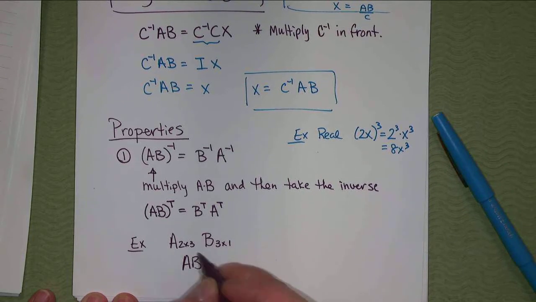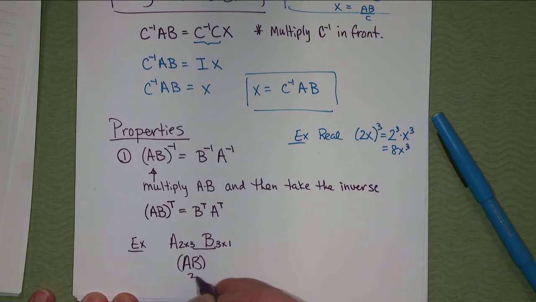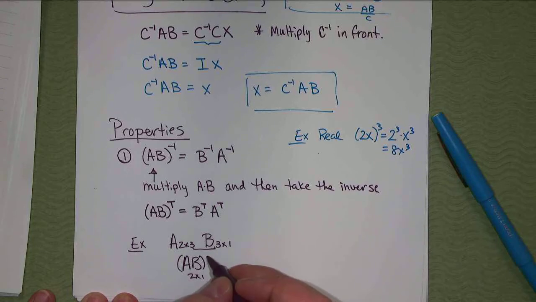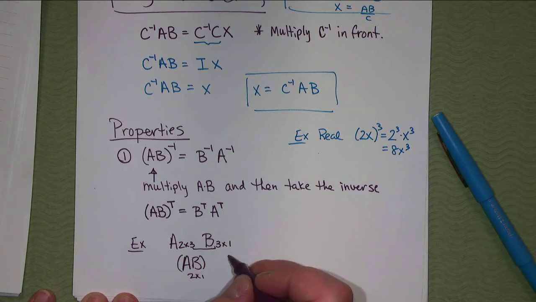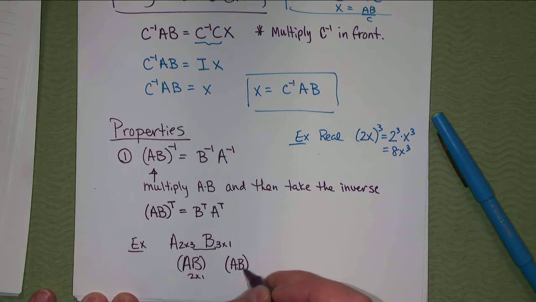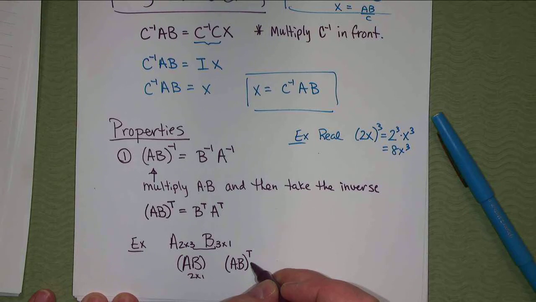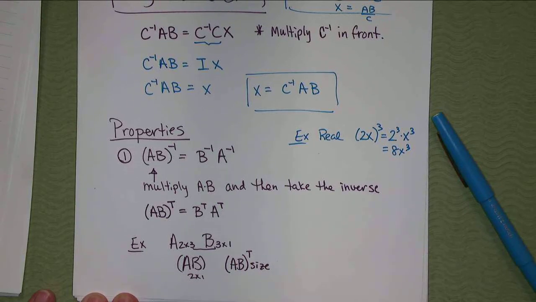So the middle numbers match, and AB would be a 2 by 1. When we multiply it, we'd get a 2 by 1. And then if we transposed A times B, what size would it be? It's the opposite size, because we're switching the rows and we're switching the columns. So this would be a 1 by 2.